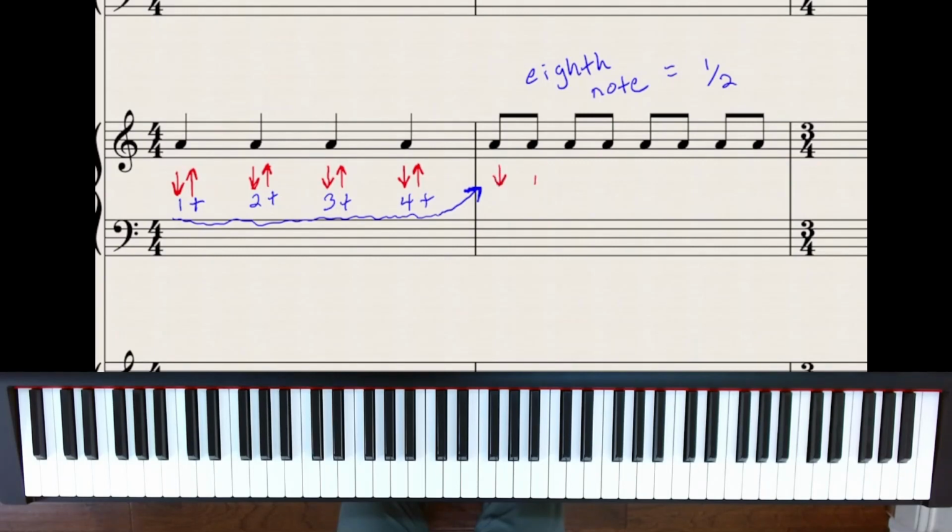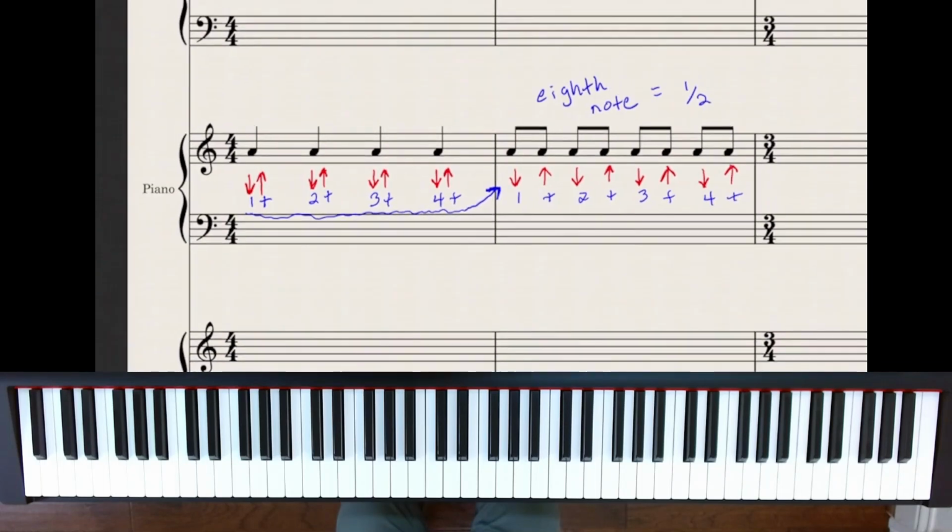Our foot goes up for the next one. Down, up, down, up. Okay? So if we were to count this, it'd be 1 and 2 and 3 and 4 and. Okay?